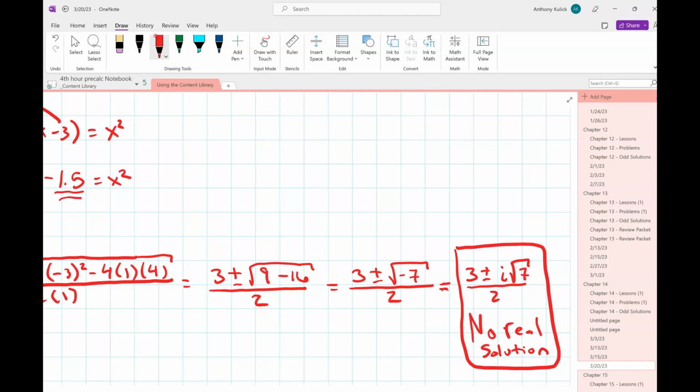So are there actually any solutions to this? Not real numbered solutions. It's kind of like a no solution answer, right? I'd be pretty surprised if something like that didn't pop up on an ACT question. It's really helpful on a multiple choice to have no real solutions as a possibility, because you can really write some tricky multiple choice questions if you have those kind of options all over the place.